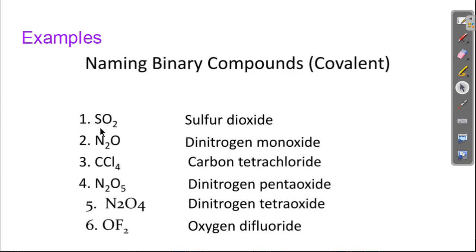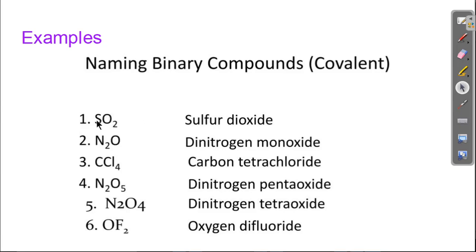So sulfur had only one. Remember that if the number one is missing because we don't put ones, we just don't. So we just name it sulfur. This one ends with "ide," oxide. But how many of them are there? Two. The word prefix for two is di. Sulfur dioxide.